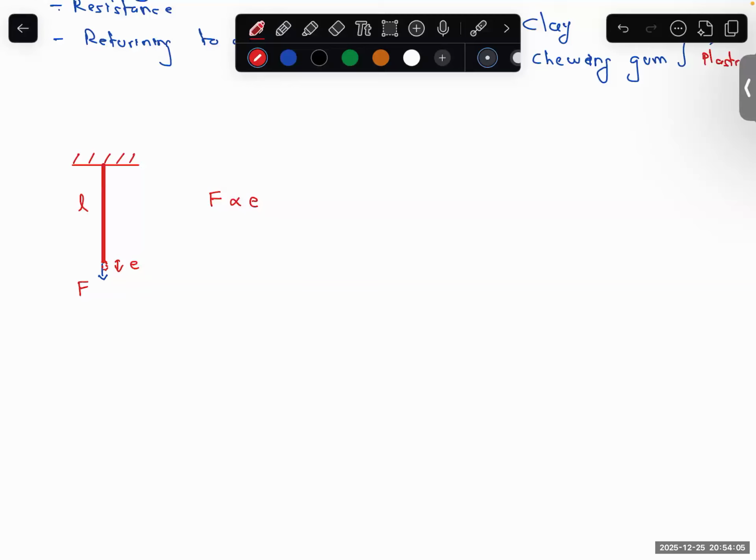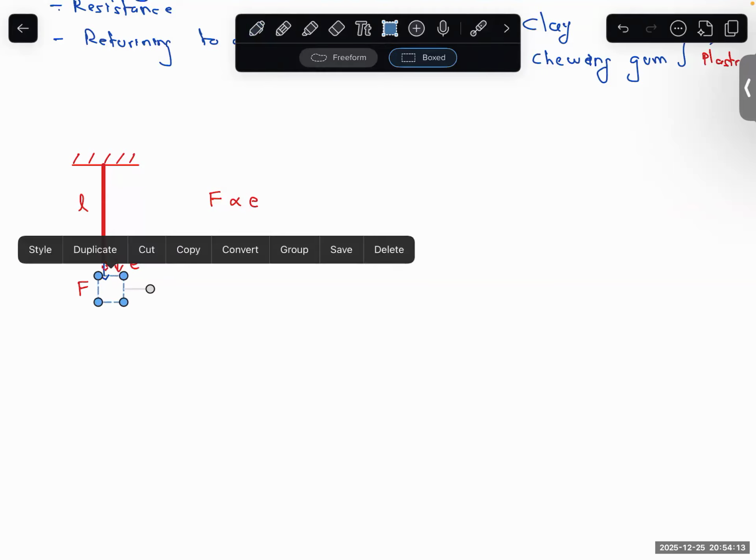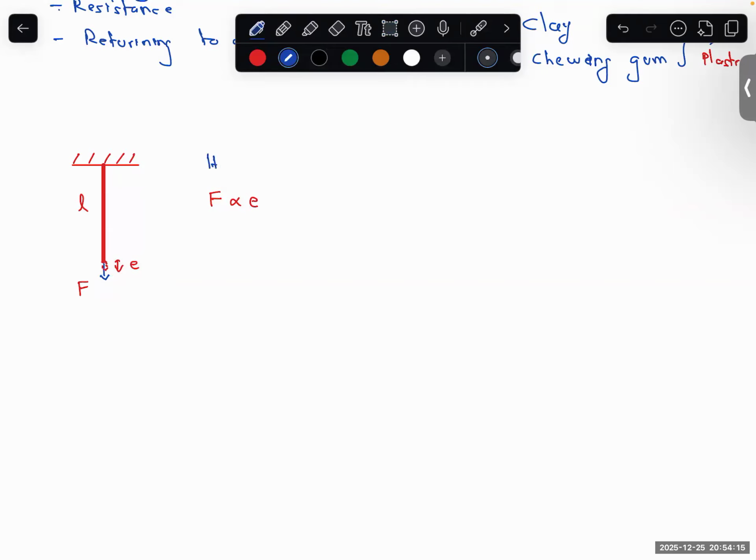What is this law called? Anybody? Hooke's. Yeah, you can't forget it. Hooke's law. So he says the extension or compression will be directly proportional to F within proportionality limit.